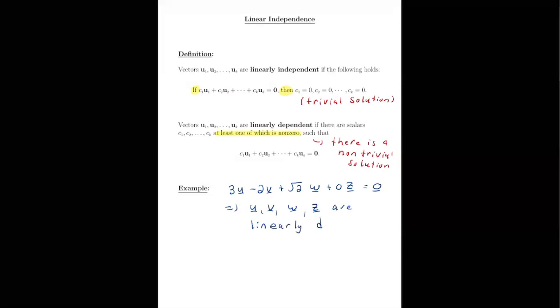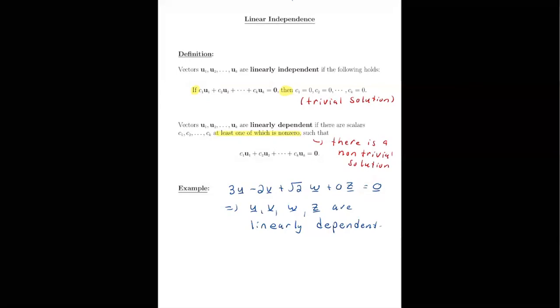They are linearly dependent because we have a linear combination of these vectors equaling 0, and at least one of the coefficients is non-zero. So we have a non-trivial solution.